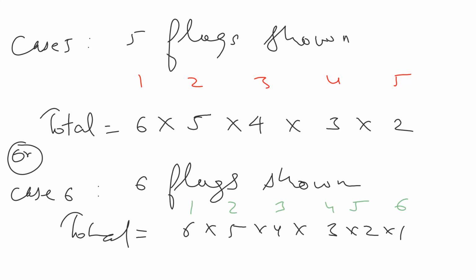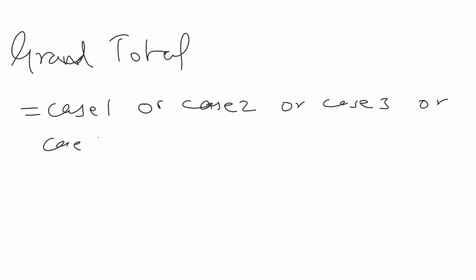Now we have to find out the grand total. Grand total is equal to case 1 or case 2 or case 3 or case 4 or case 5. So you can add all these cases. Individual cases you can solve and add.